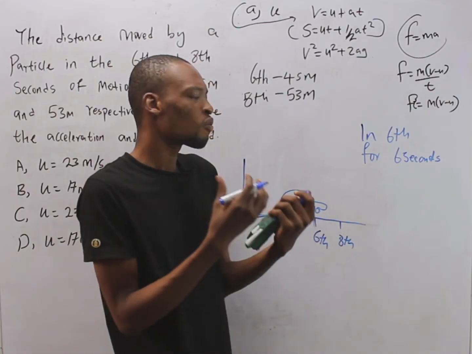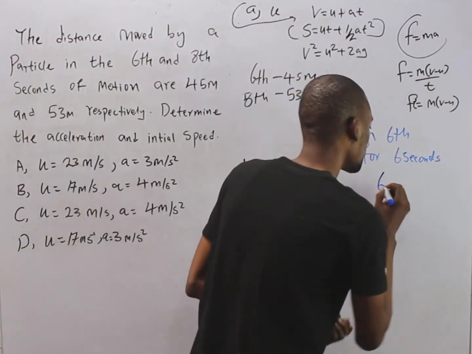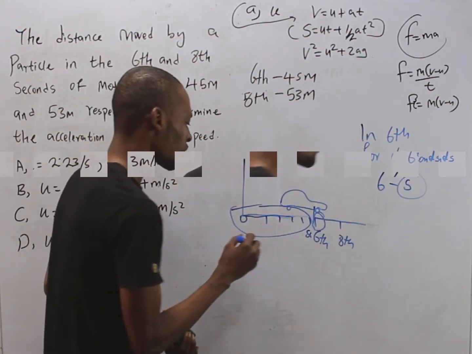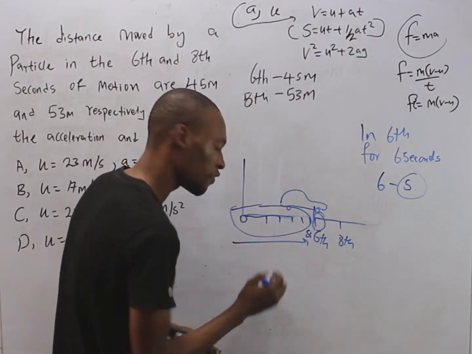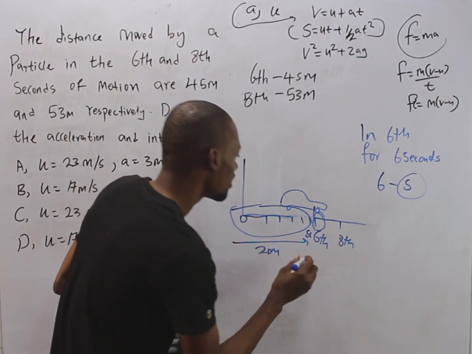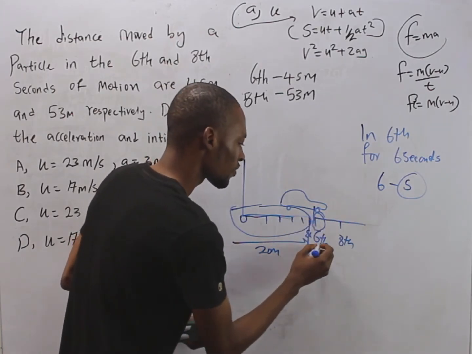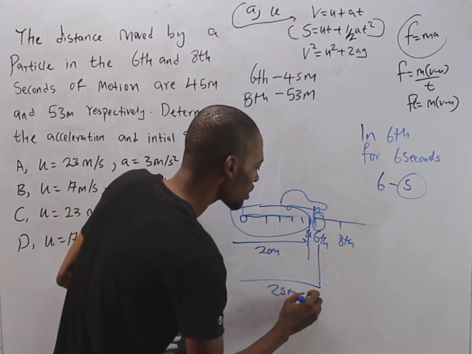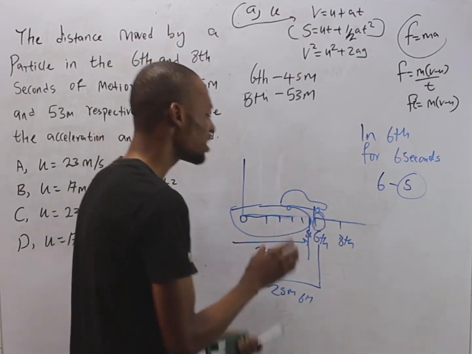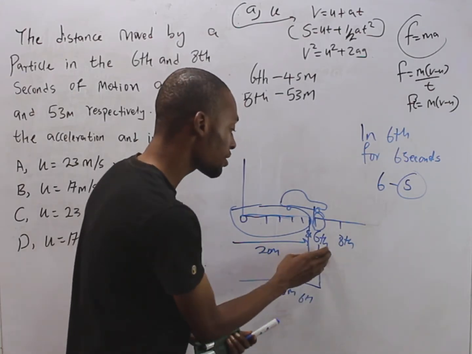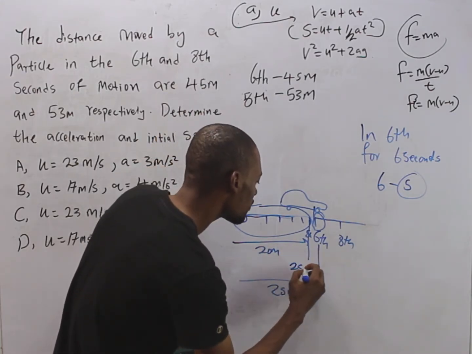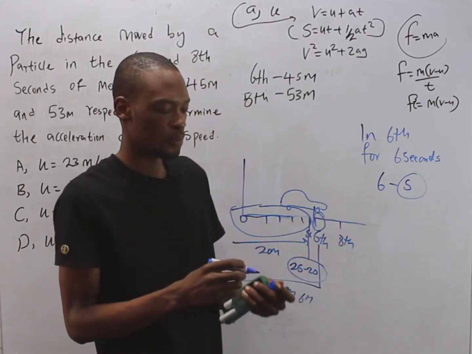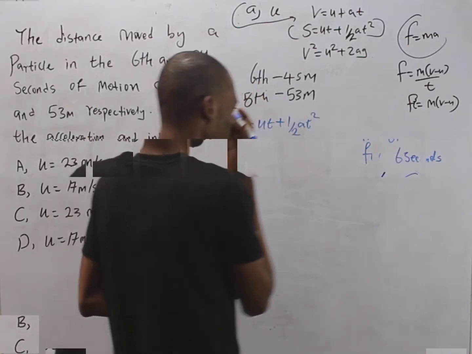This means we are concerned about the distance covered in 6 seconds minus the one covered in 5 seconds. If a body covers 20 meters in 5 seconds and 25 meters in 6 seconds, this means in the 6th second, the body covers 25 minus 20. That is the distance in the 6th second. This is what we are concerned about.